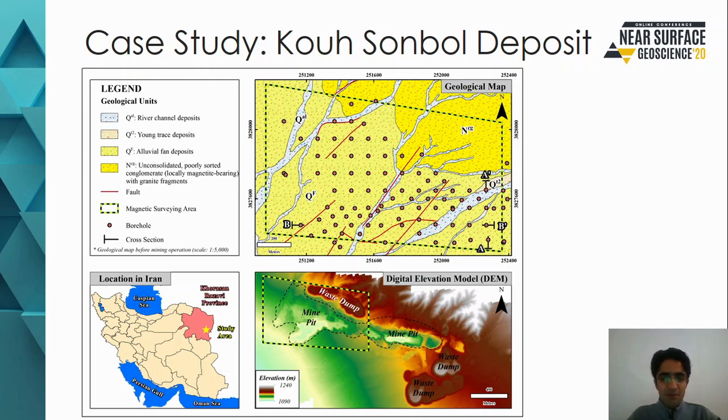The Cook-Sombol deposit, in fact, lies in the northeast of Iran in the Khaf district, which hosts one of the biggest iron ore deposits in Iran, the Sangan deposit, with approximately 1.2 billion tons of iron ore.